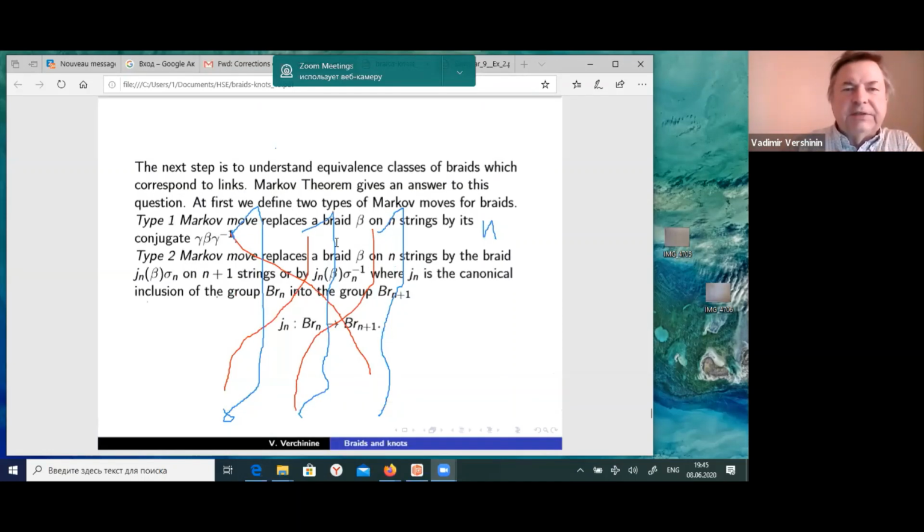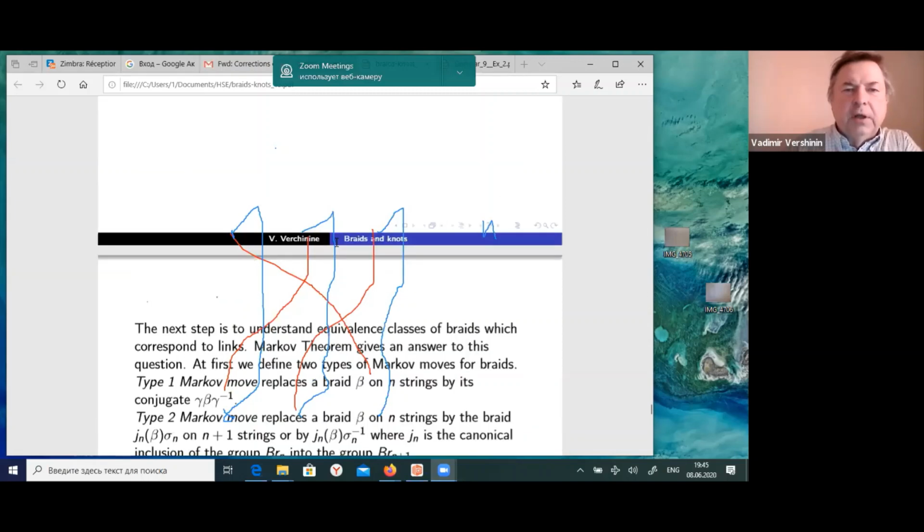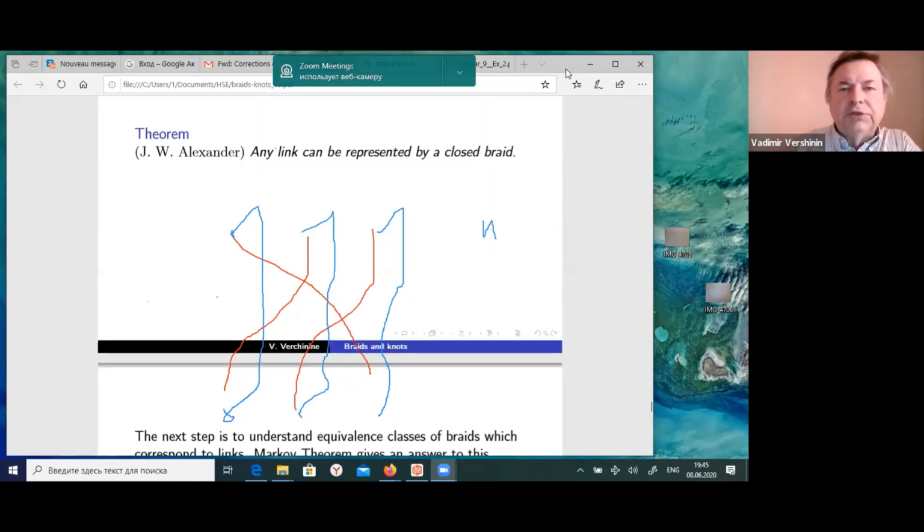So let us consider Markov moves from a geometrical point of view. What do they mean?